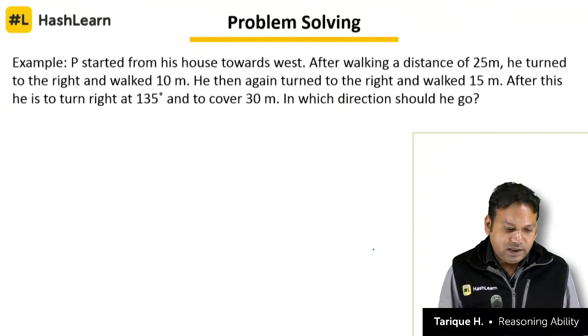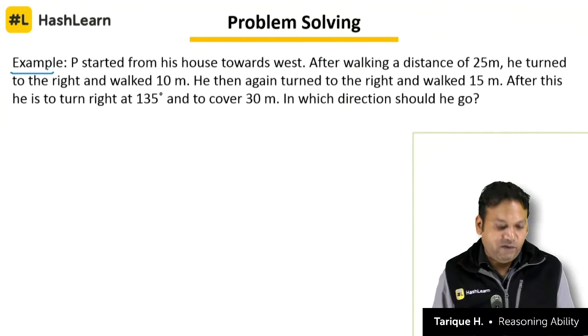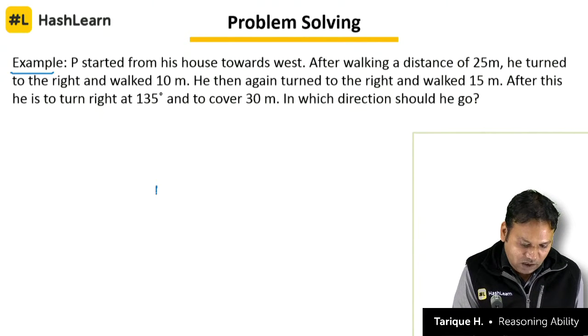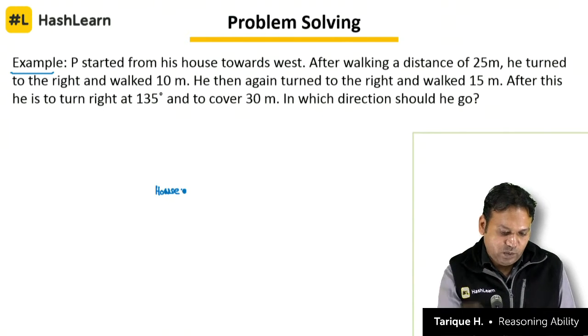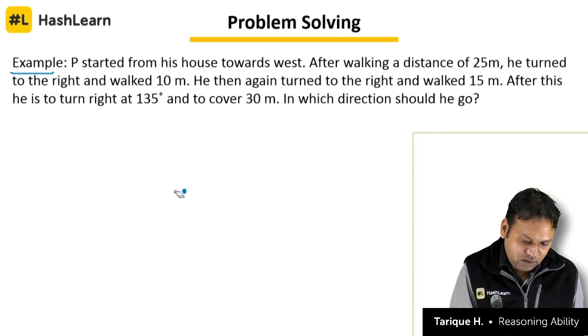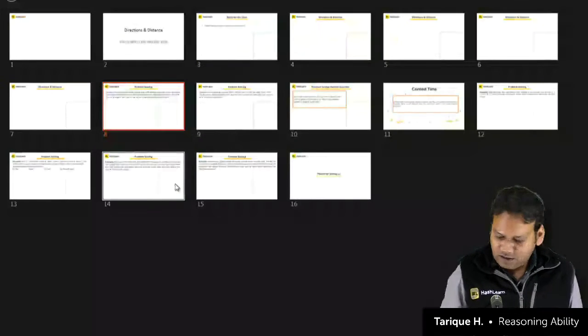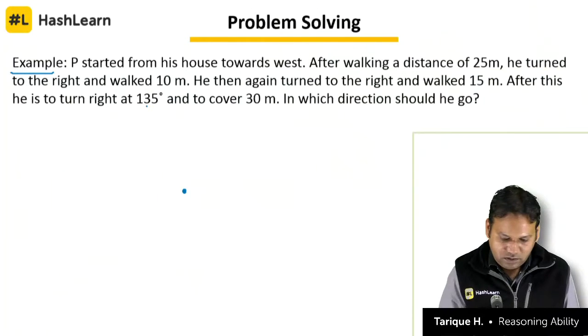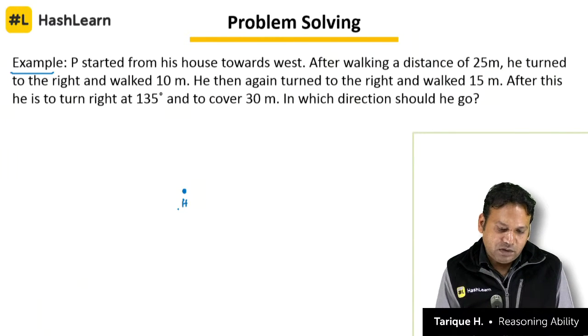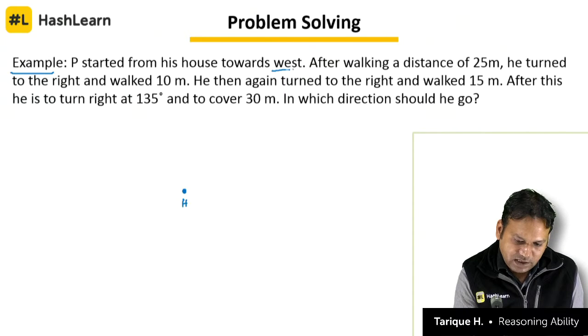Okay. Now let's look at this question here. Example question from problem solving. P started from his house towards west. Let's say this point represents his house, and he started towards west.